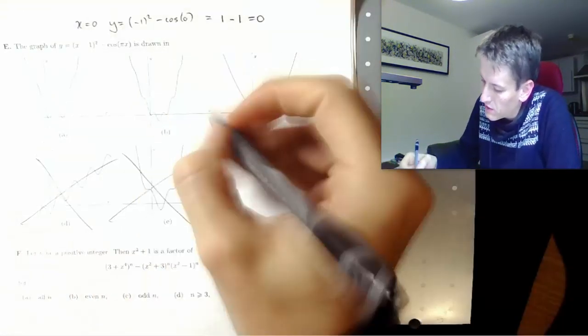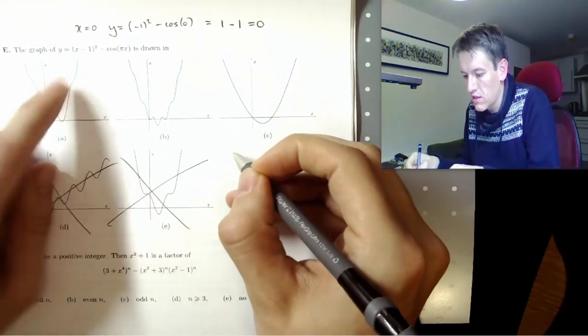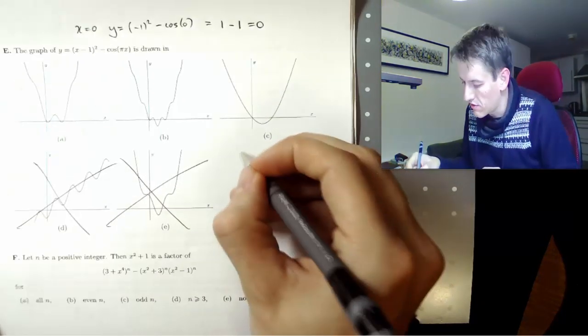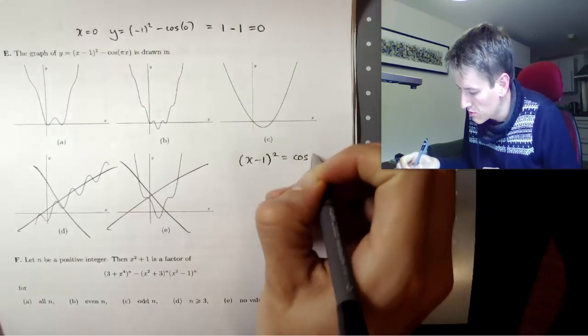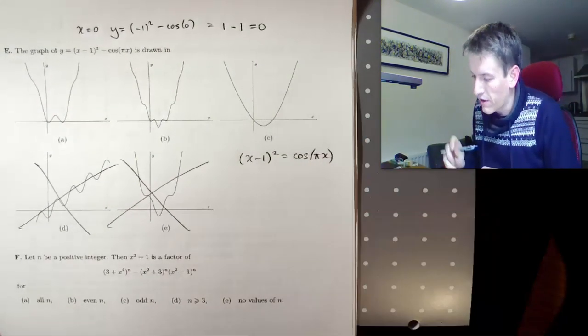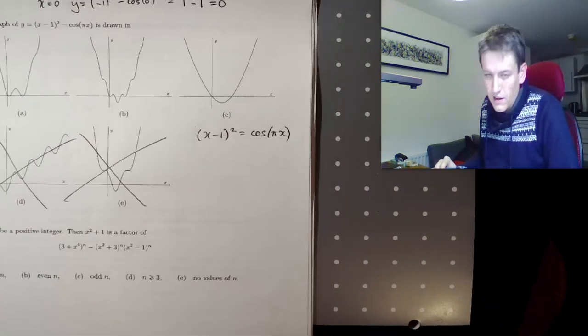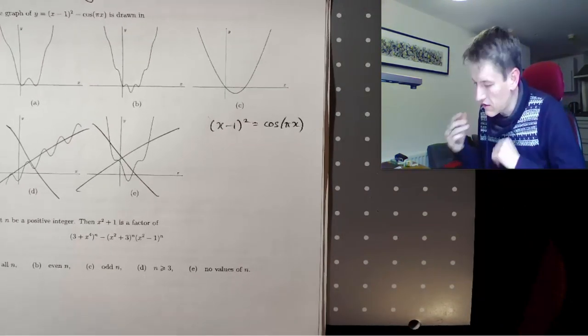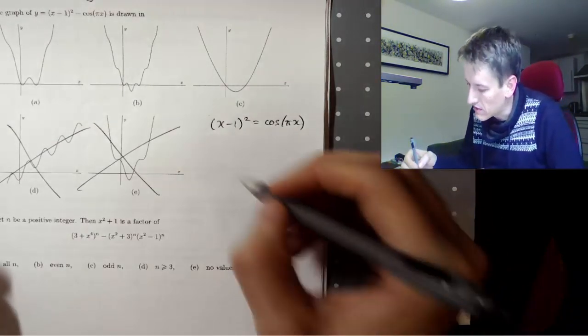If I put y equals 0, the whole right hand side equals 0, so that's the same as (x minus 1) squared equals cos of pi x. At that point, I would consider the graphs of these two functions and think about where they intersect.